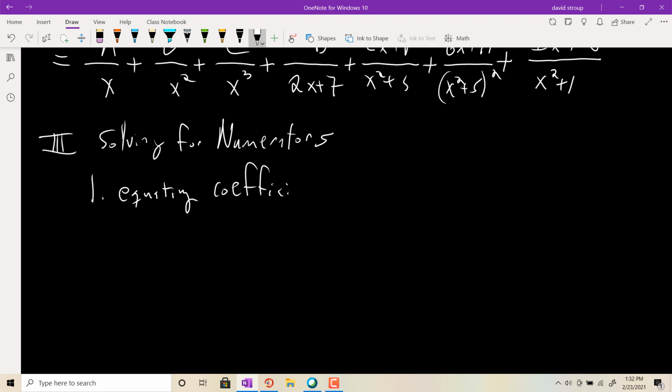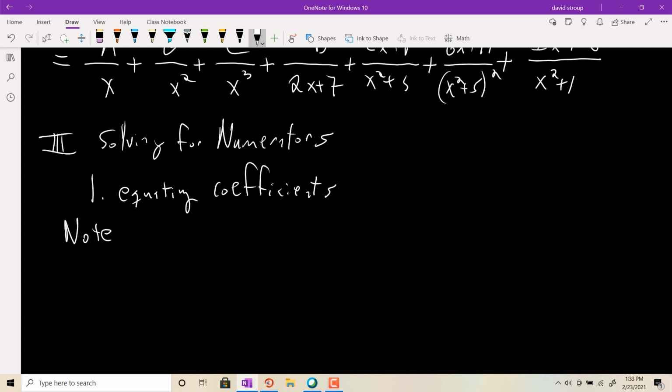This method becomes important later in differential equations. You'll use this method on other things, and you keep doing partial fractions a lot through differential equations. These kinds of integrals pop up a lot. Equating coefficients is a surefire method. It's always going to work. The other method is quicker, but it doesn't always work. So just be aware.